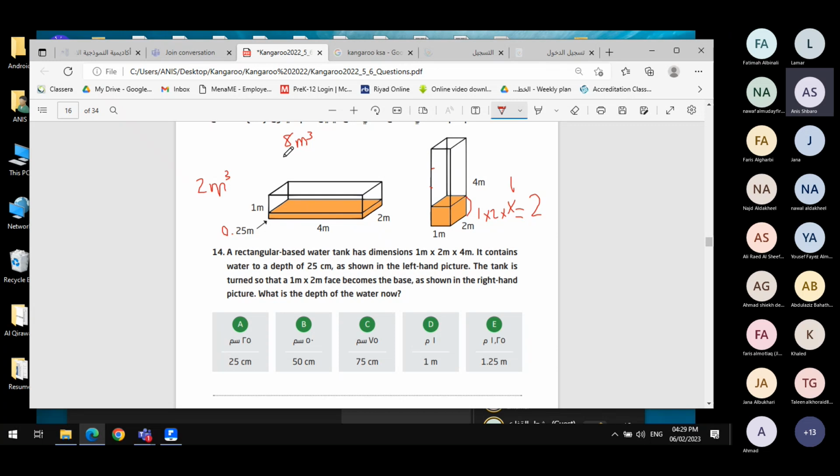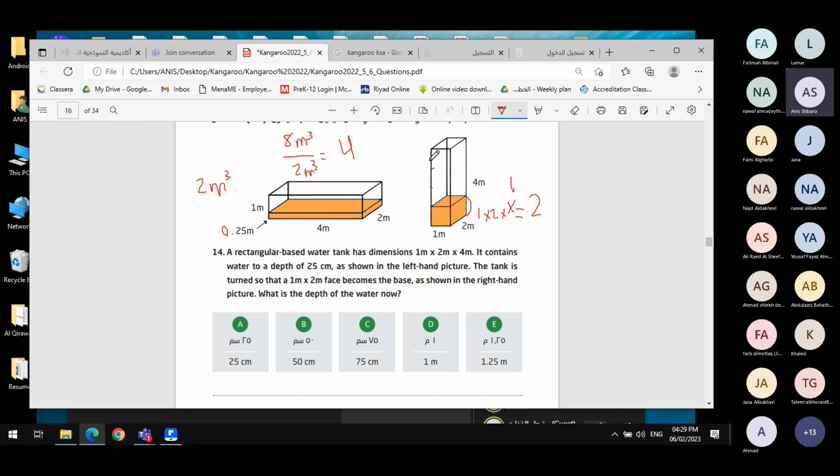So simply we can say that 8 meter cube over 2 meter cube is equal to 4. In other words, only 1 out of 4 of the whole rectangle is filled with water.